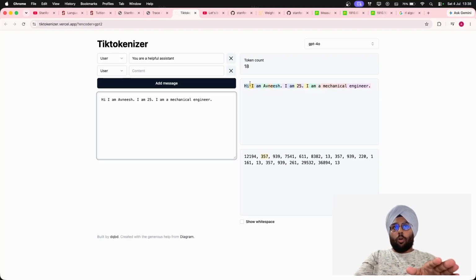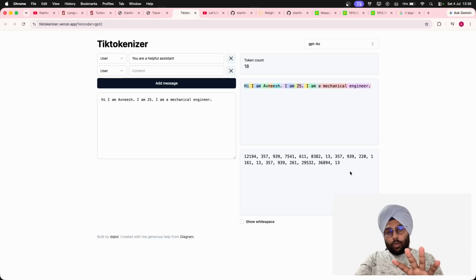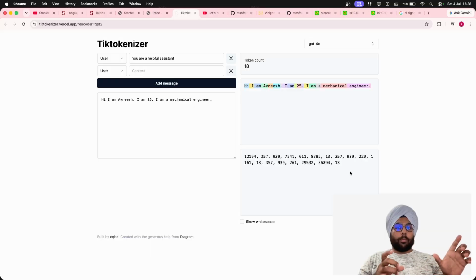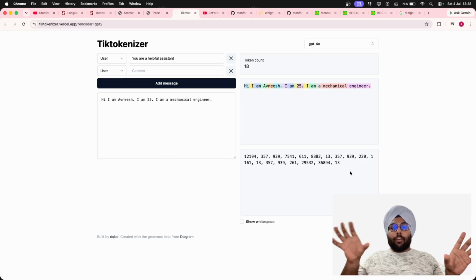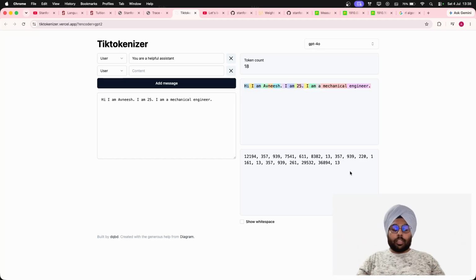For all these things, there will be a score, and these will be converted into tokens. For example, if you write something and it is a thousand bytes, when you convert it into tokens, it can go down from 1,000 bytes to around 500 to 300 bytes. So there is a lot of data saving you can do there.